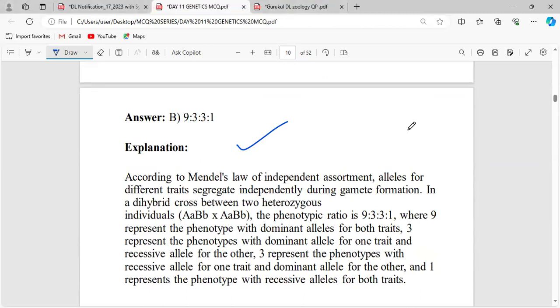And my question is, whether it is 9 or 3 or 1, which number refers to the phenotype with a dominant allele for one trait and recessive allele for the other, in a heterozygous individual?